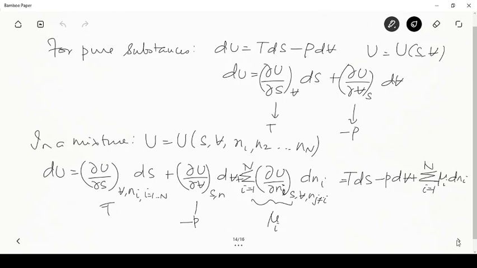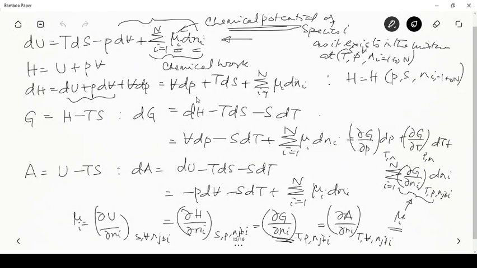Now going further, we also did the other forms of energy that we have defined in thermodynamics. H is defined as U plus PV for a compressible system.